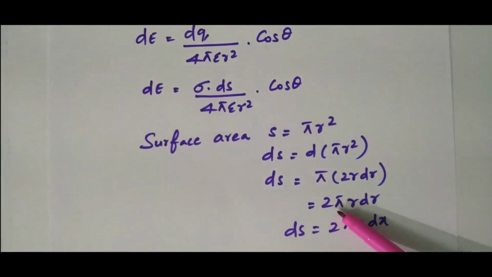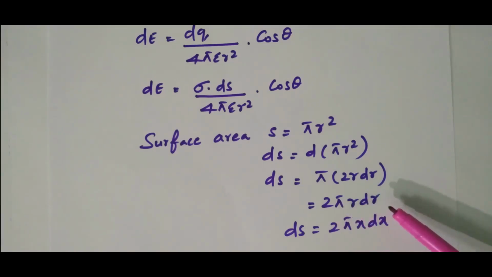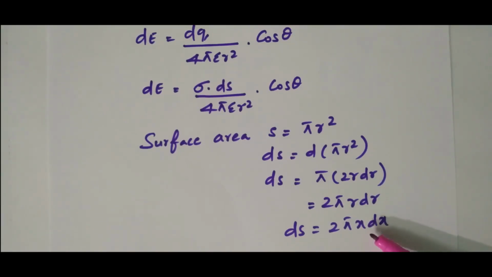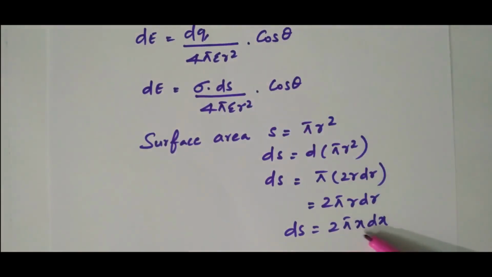So that is 2 pi r dr. The ds value will be 2 pi r into dr. But in the diagram we consider x. We consider one small ring at x meter. So 2 pi x dx. Right? ds equals 2 pi x dx. Now we can replace this ds with 2 pi x dx.